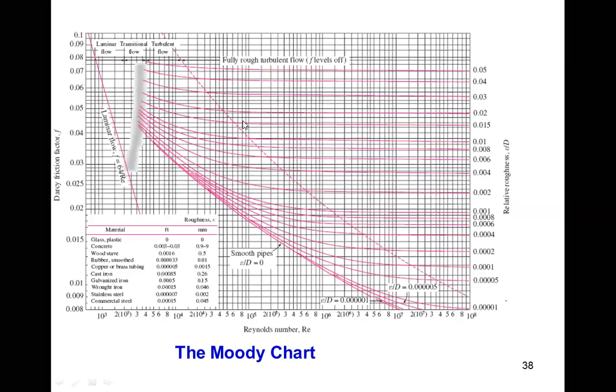Each line corresponds to a particular roughness, epsilon by D, which is called the relative roughness of the pipe. It can be for any material, and for example, these values are given to you. The roughness values correspond to the materials: glass, concrete, wood, rubber, copper, cast iron, galvanized iron, wrought iron, stainless steel, and commercial steel.